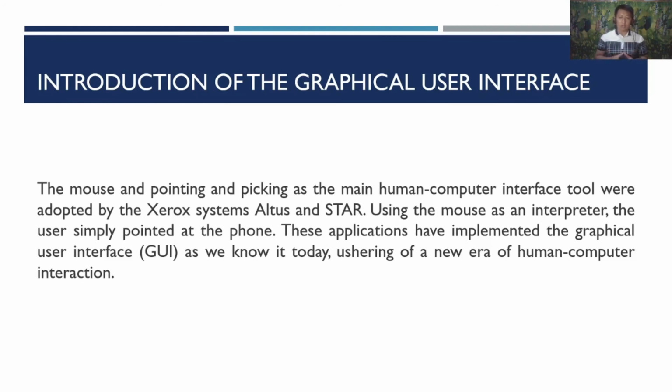Using the mouse as an interpreter, the user simply pointed at the phone or computer. This application implemented the graphical user interface, or GUI as we know it today, ushering in a new era of human-computer interaction. That is why today we use the keyboard and the mouse to point at something, or to navigate the application inside our GUI, the graphical user interface.